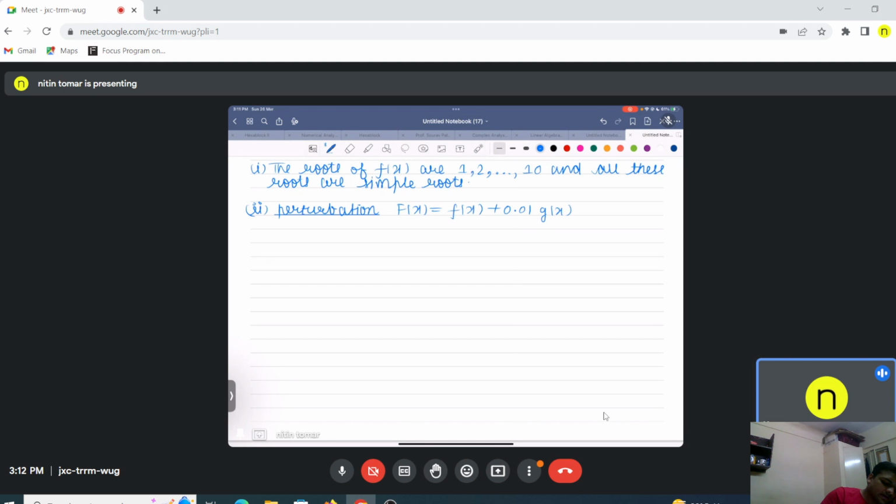Then one can see that the roots of this perturbed polynomial lie in the interval 1 comma 3.5.